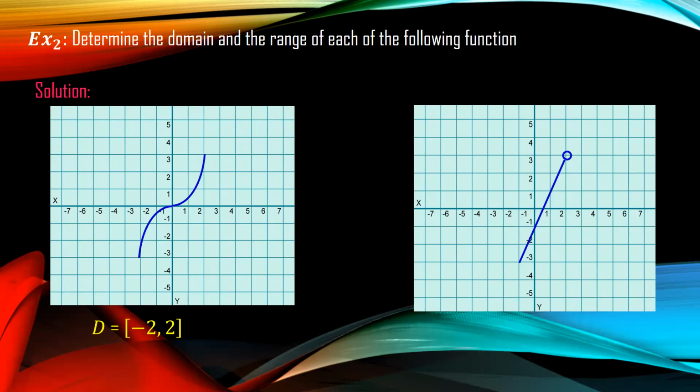The domain here is the closed interval [-2, 2], while its range is the closed interval [-3, 3]. The domain of this figure is semi-closed (-1, 2], while the range is semi-closed (-3, 3].